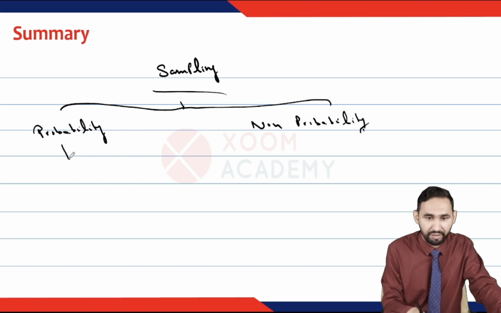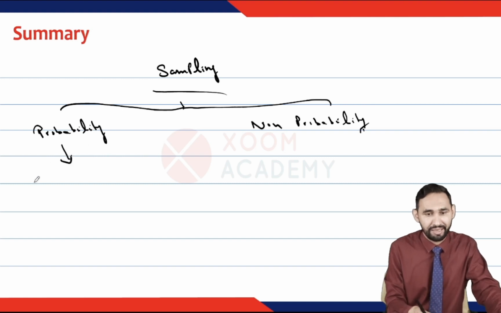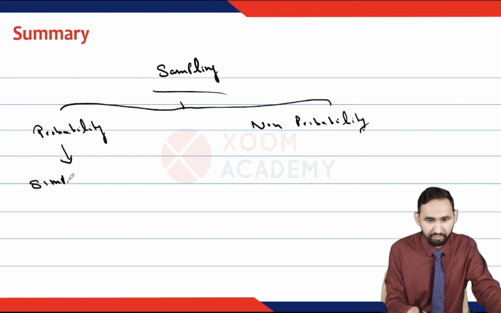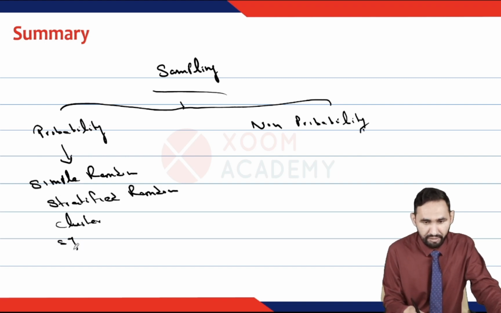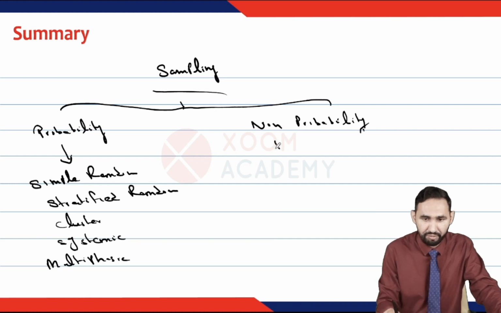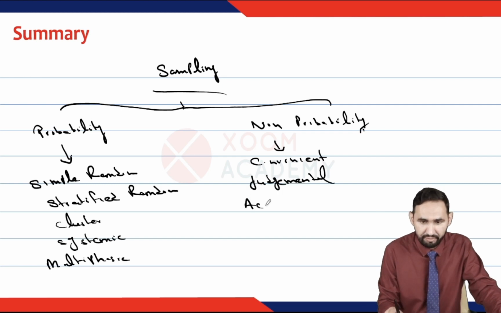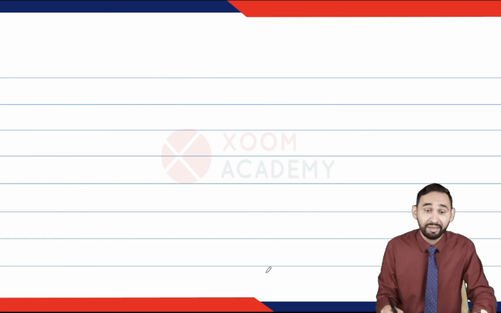Then we have discussed their subtypes: simple random, stratified random, cluster, systemic, multiphasic. We have discussed subtypes of non-probability: convenient sampling, judgmental sampling, accidental sampling, purposive sampling, snowball sampling.